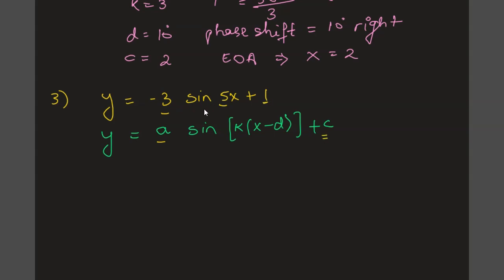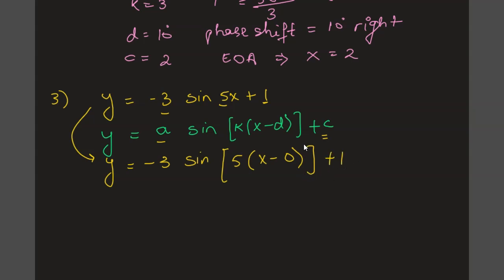Now, if I want to rewrite this in order to match it to this equation, I can rewrite it as y equal to negative 3 sine, in the bracket, k outside as 5, (x minus 0) because I'm not given anything as d. Always remember, if your d or c is not given, you put it as a 0. If your a or k is not given, you put it as a 1.